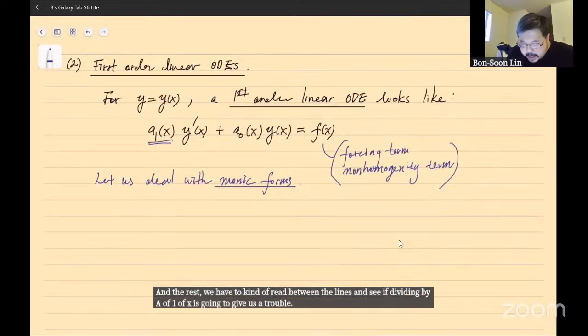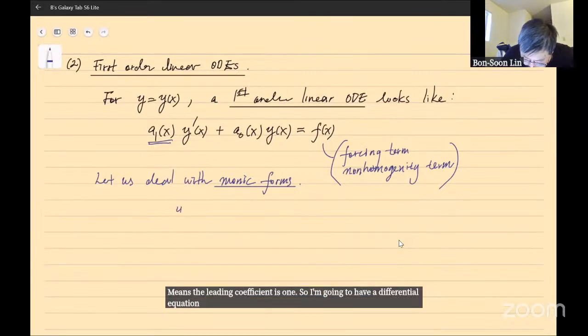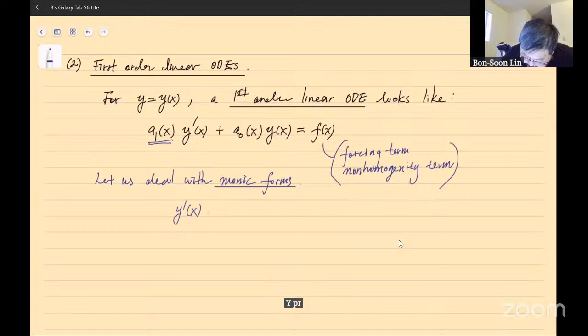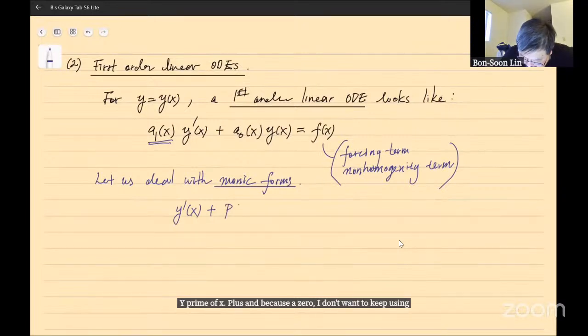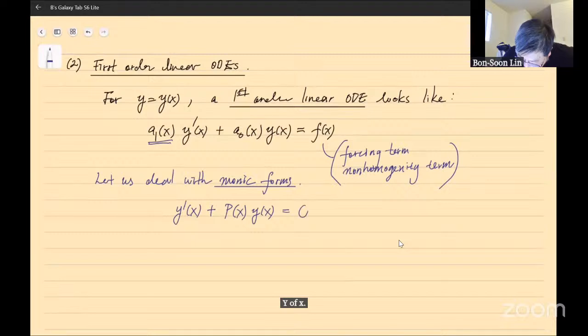So what do I mean by monic form? Monic, meaning the number 1, means the leading coefficient is 1. So I'm going to have a differential equation that looks like this: y prime of x plus, and because I don't want to keep using a0, I'm going to write something like p of x, y of x is equal to some q of x.